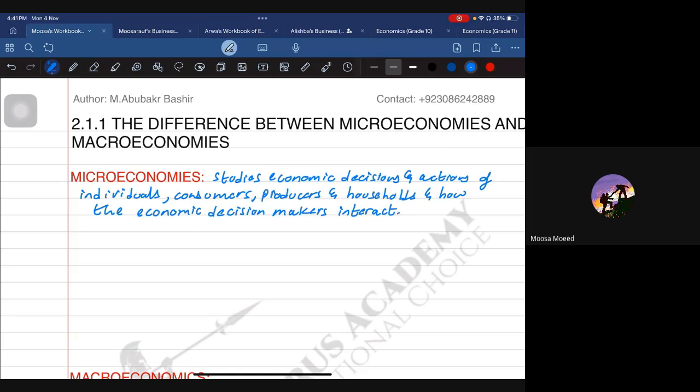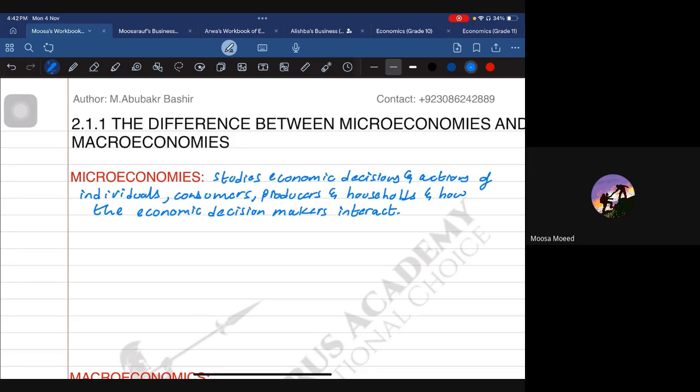So, it's the study at a micro level of the behavior of individuals, like the consumers, the producers, and households, and how they interact with one another in the microeconomy.